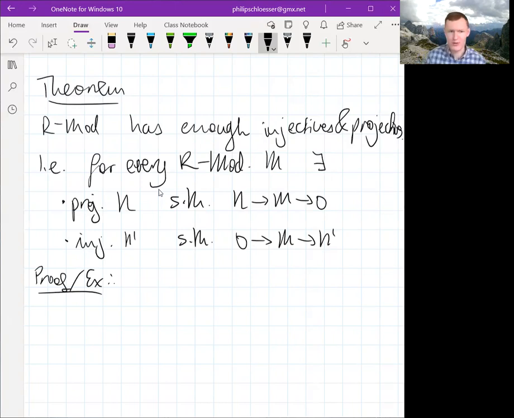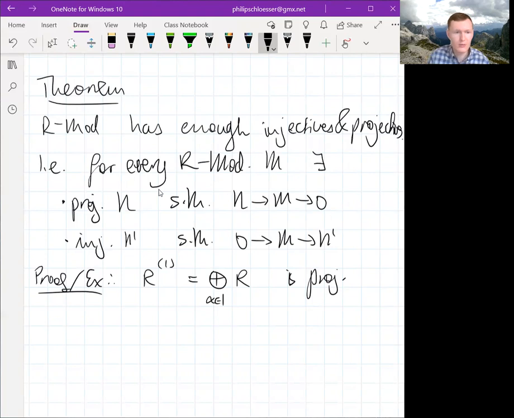Every free module is projective. What does free mean? Free means we can write it as some power of R, or some direct sum indexed by some set of copies of R. It's projective.